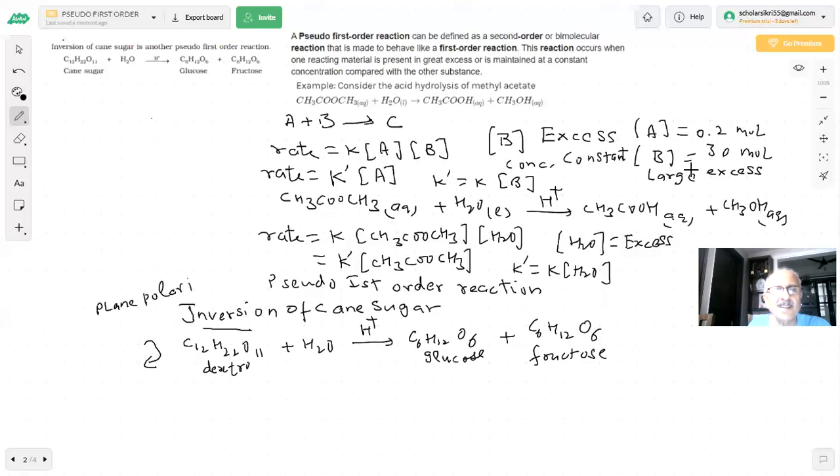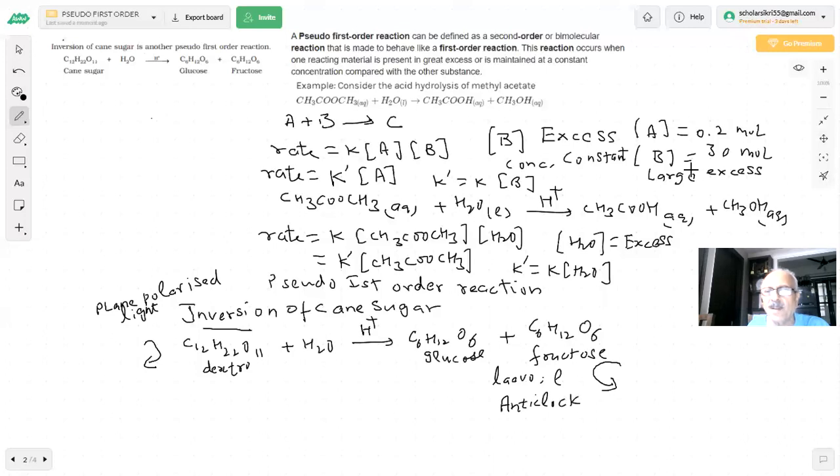We will discuss this in organic chemistry. But when the reaction took place, the mixture becomes levo. The mixture behaves like levo, L. That means it rotates the plane polarized light in the anti-clockwise direction. What is that?